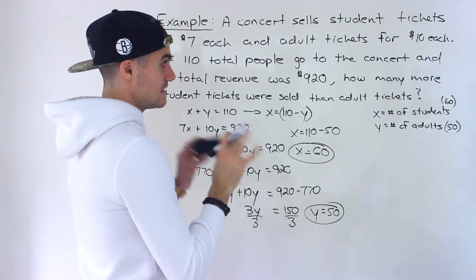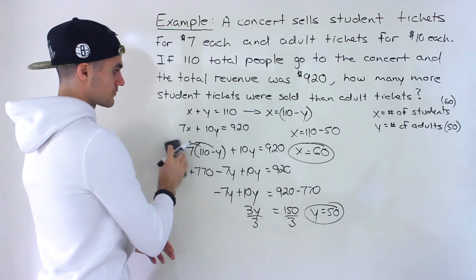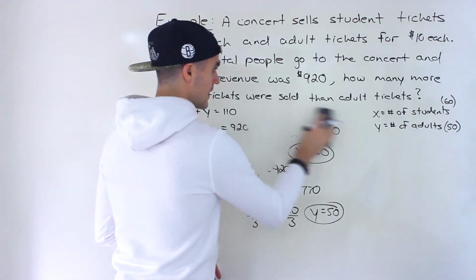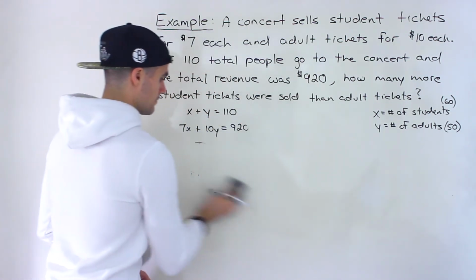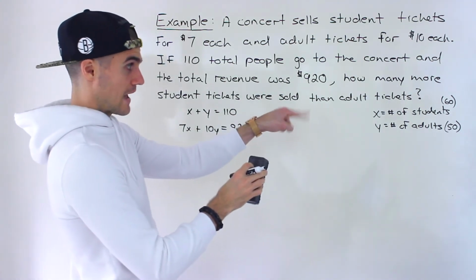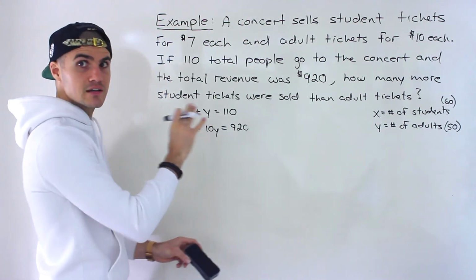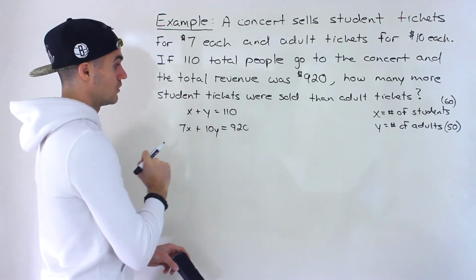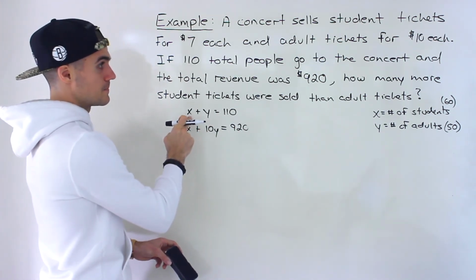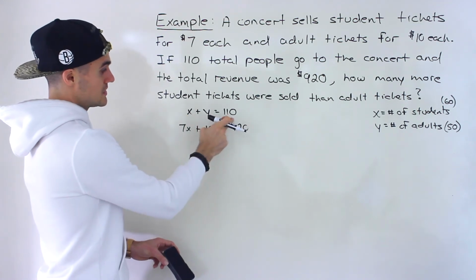And then at this point, you can check your answers. You can take those values and plug them into both equations that you made and see, does the left side indeed equal the right side? So notice that 60 plus 50 is 110.